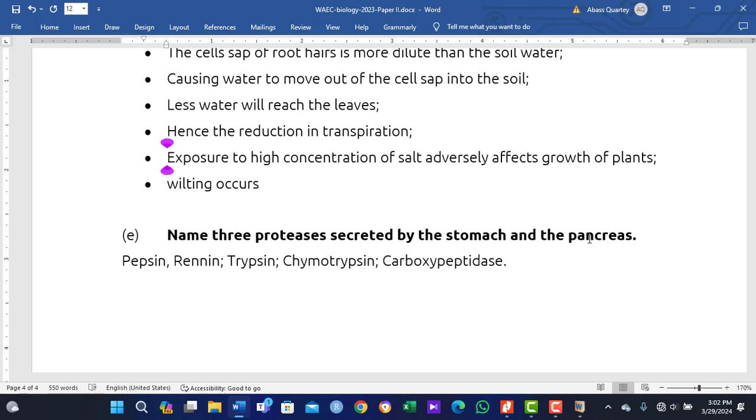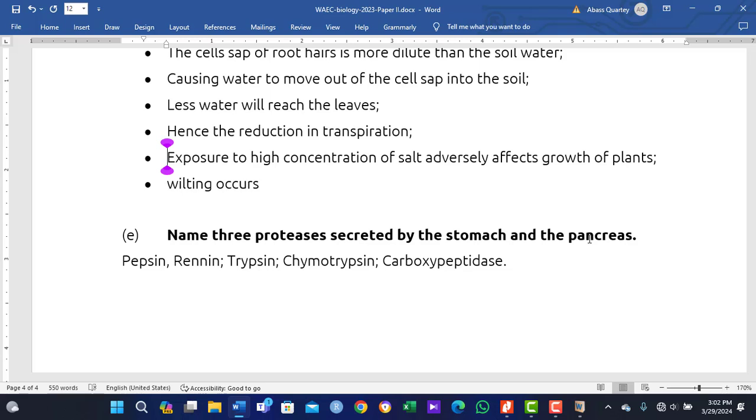I would like you to tell me why most of these enzymes are secreted in their inactive form, right? You can put it in the comments below, or you can share with me maybe on the WhatsApp platform or whatever, so that you get to know why enzymes that digest proteins are released in their inactive form, right?